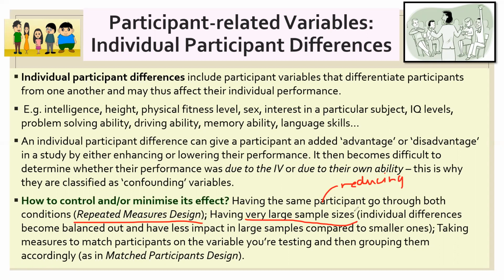So rather than having a sample size of 10 or 20, we increase that to like 100 or 200, because what happens with larger sample sizes is that the individual differences become balanced out and they have less of an impact. Also, we need to take measures to match participants on variables. So if we can't use a repeated measures design, let's try and use a matched participants design. Okay, so those are the ways that we can control for the effect of participant variables like individual participant differences.